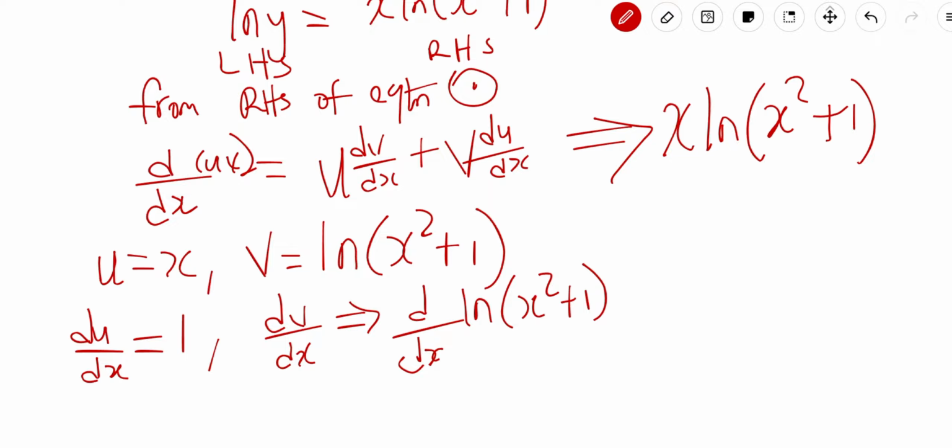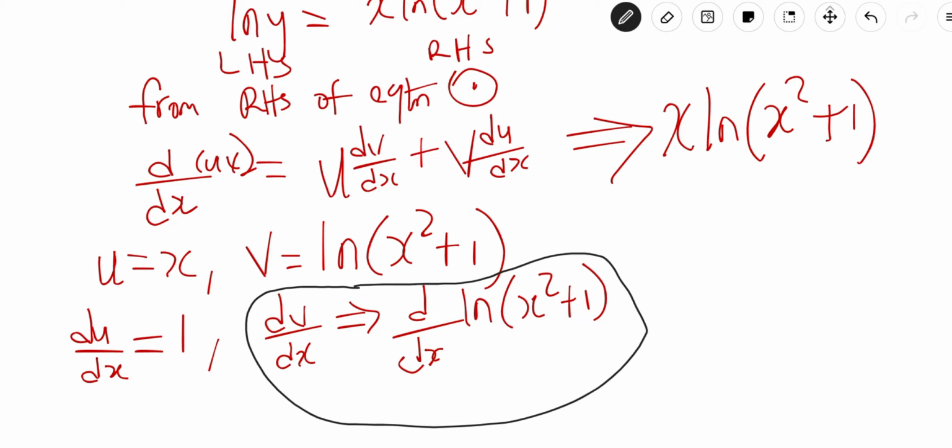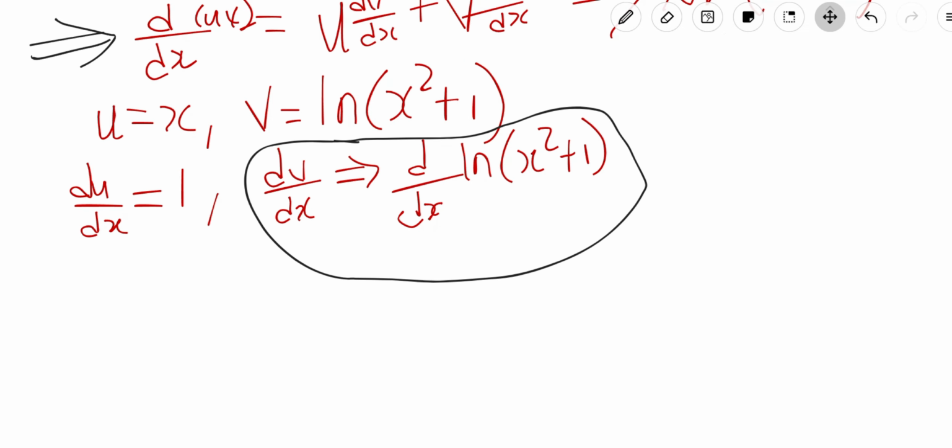First of all, let's look at how we're going to differentiate this, because we need all these parameters to fit into this equation. We know what our u is, we know what our v is, we know what our du/dx is, so now let's find what dv/dx is. That means we're going to differentiate v with respect to x.